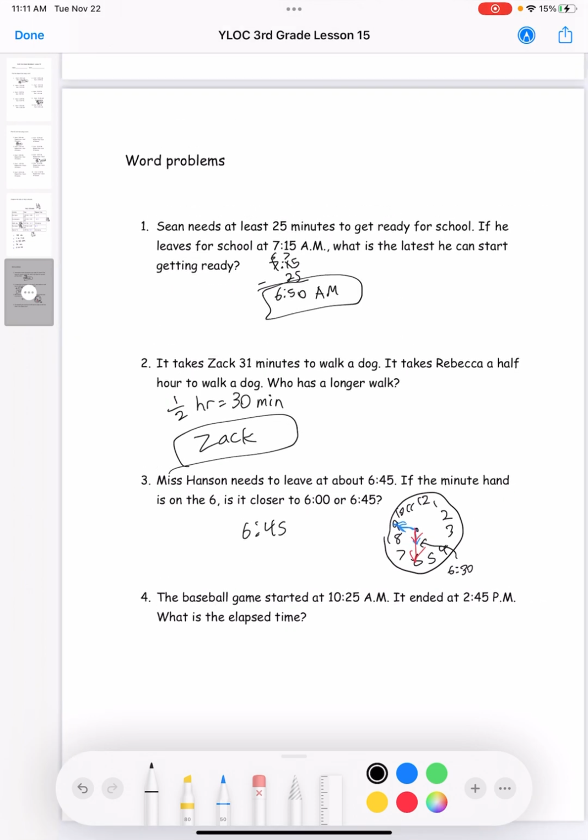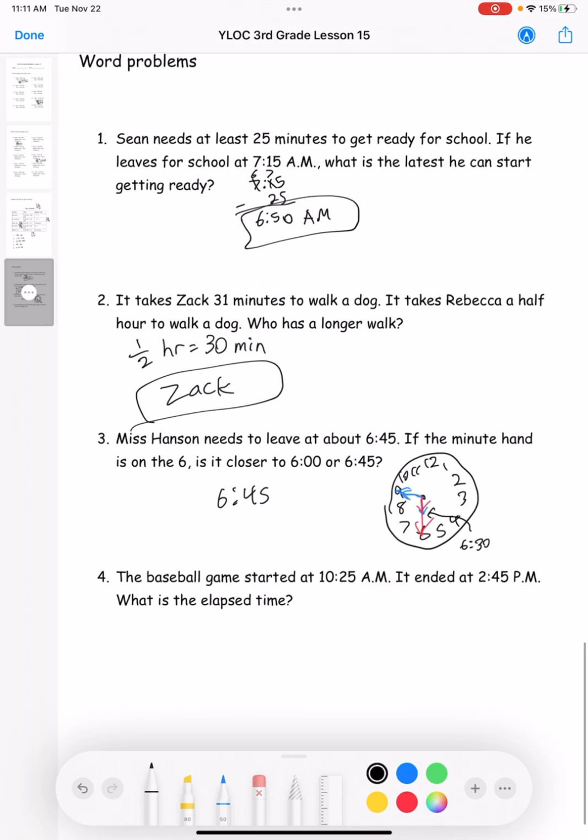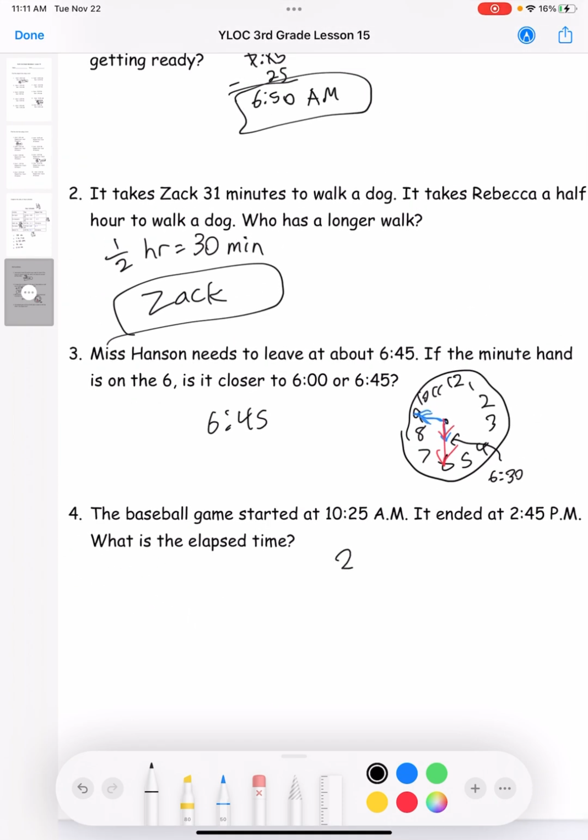And for number 4, the baseball game started at 10:25 a.m. It ended at 2:45 p.m. What is the elapsed time? So we just subtract.